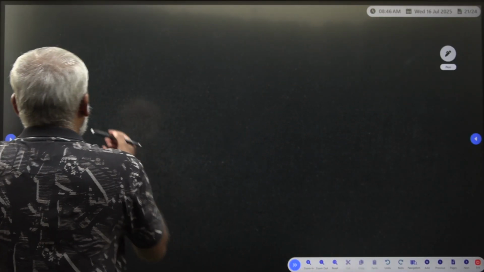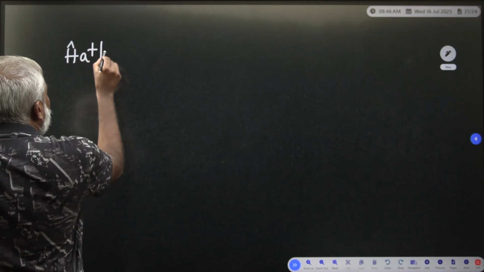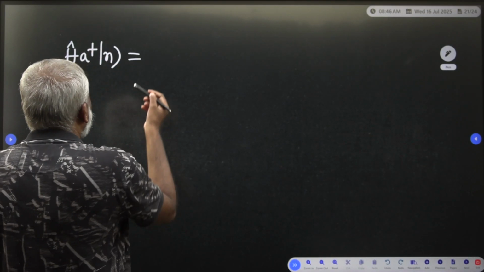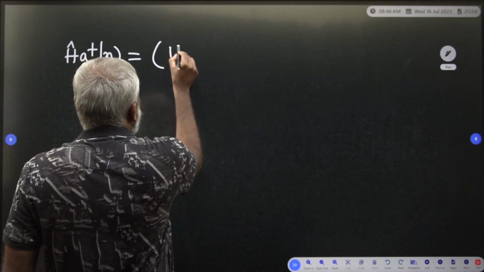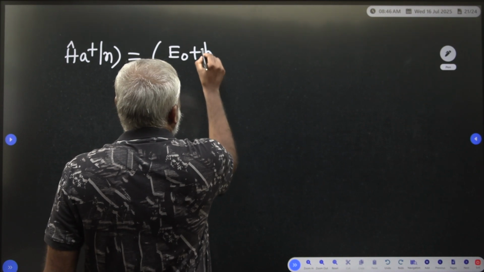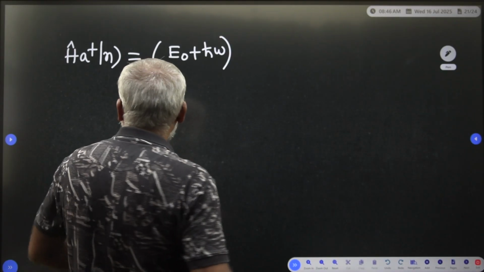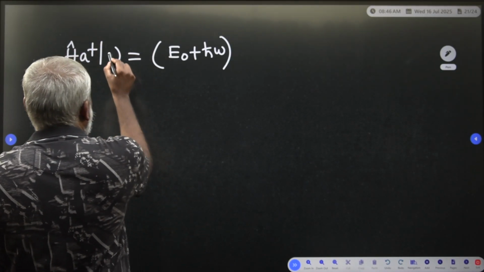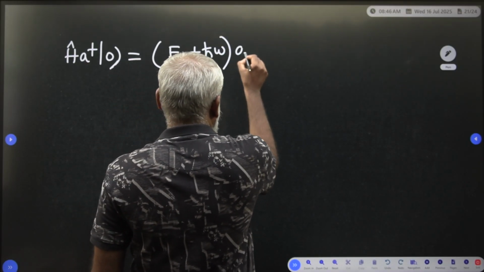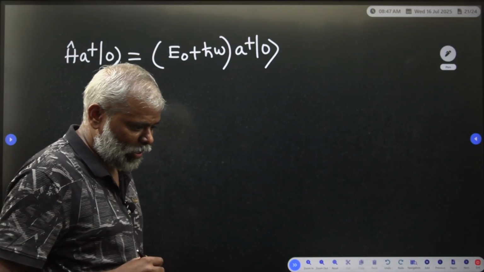Suppose you take H cap A dagger ket n, which gives you E0 plus H cut omega times A dagger ket 0.